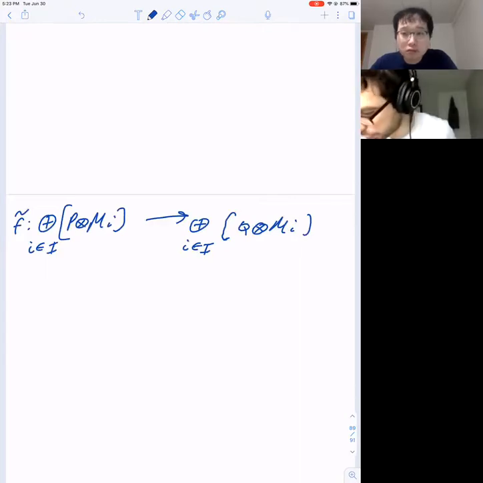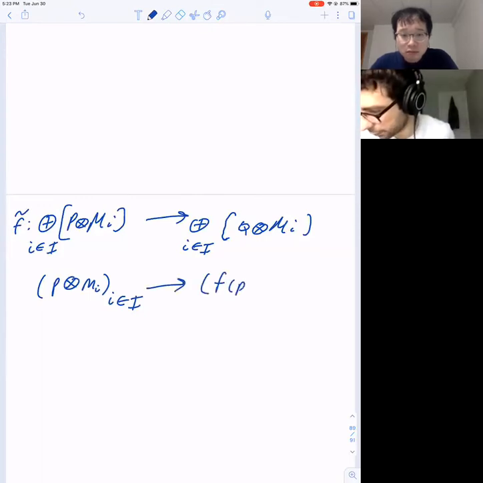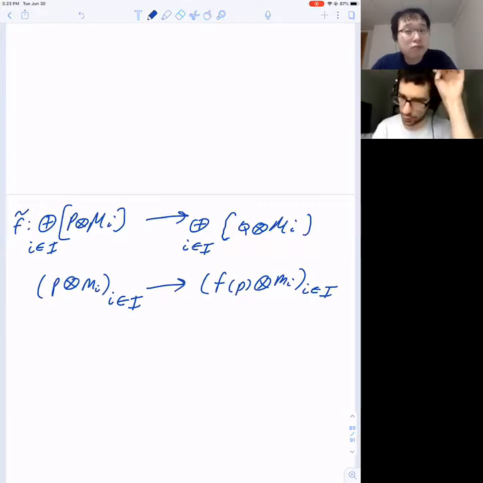Each P tensor Mi goes to F of P tensor Mi. So F tilde is not an isomorphism, but it's a very nice map.